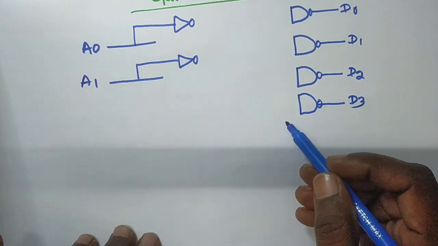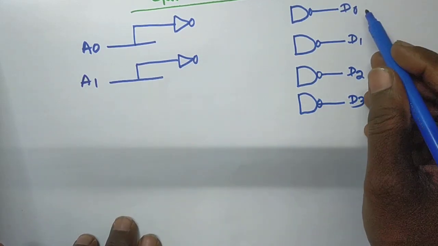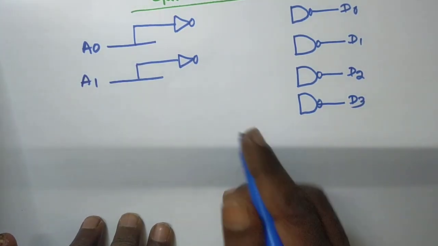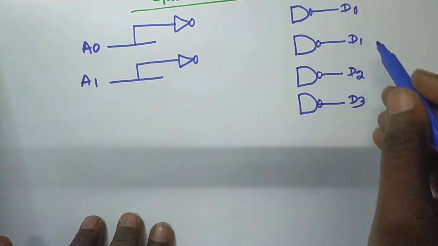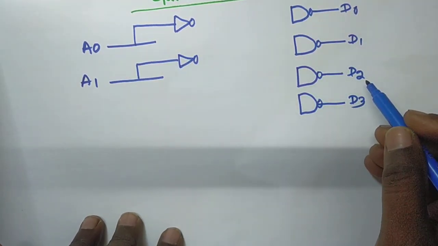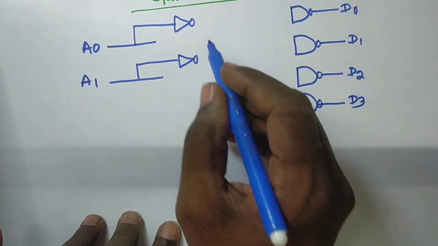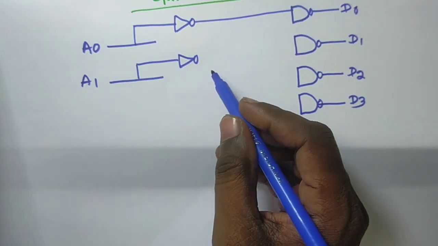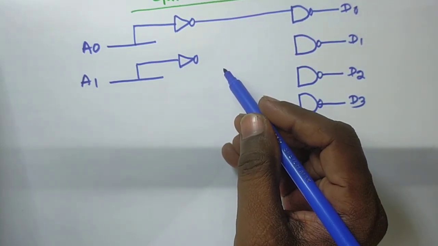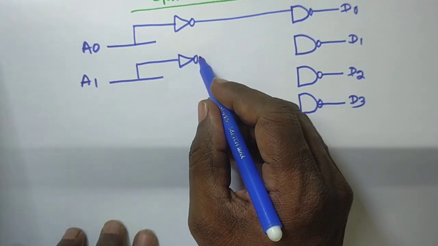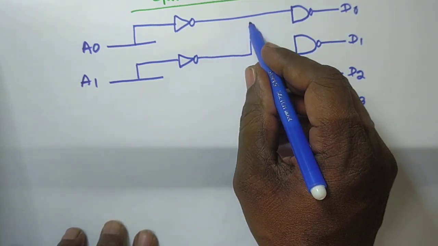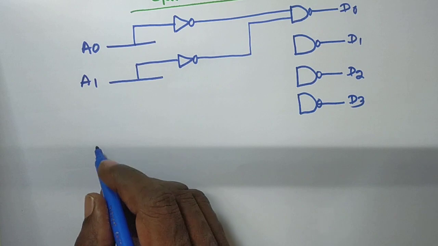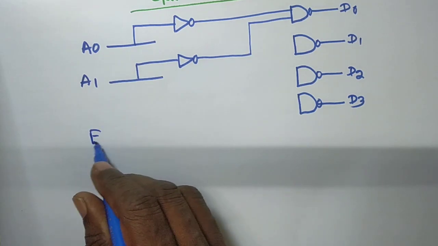Suppose D0. Similar to the previous case, with 00, 01, 10, 11, different connections have to be provided. The first connection is 00, so here we can consider 00. And we can also give one enable here.